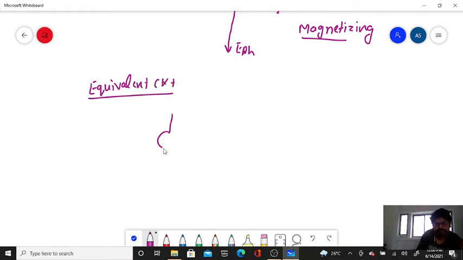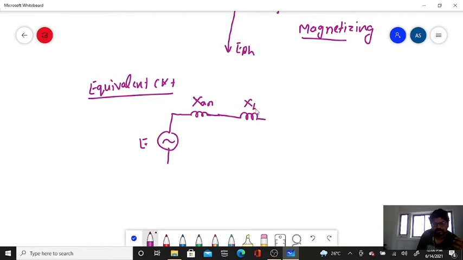Here we have induced EMF E, and here we can assume a fictitious voltage drop. We can represent it as a reactance X_AR. Then there will be another reactance, that is the leakage reactance of the conductor.